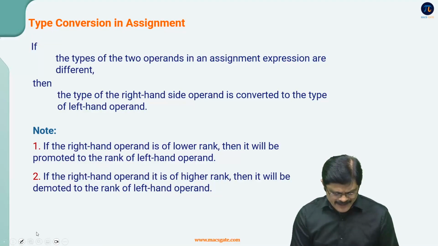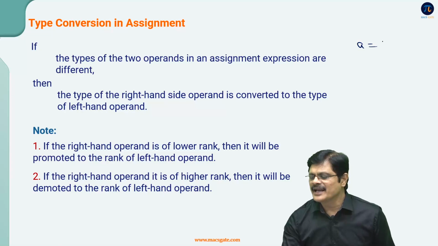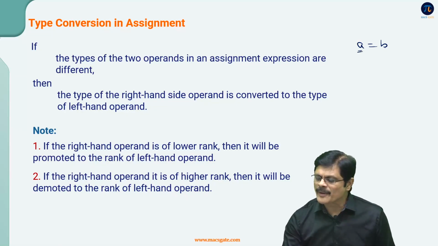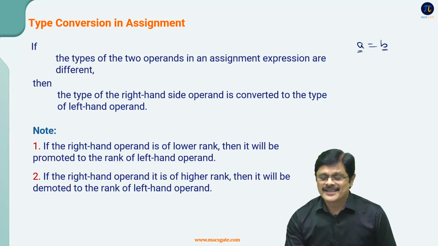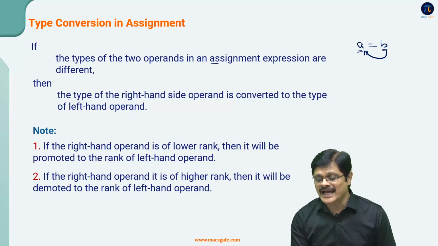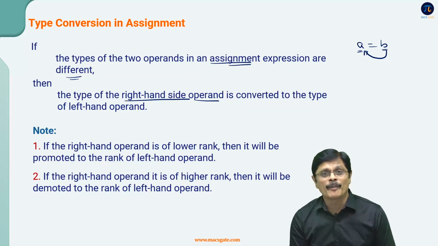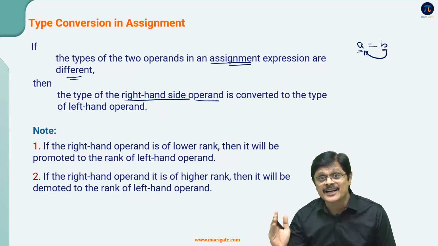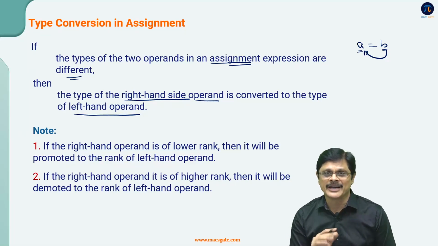And one more type is typecasting in assignment. Suppose you assign B to A. Here A is an operand, B is an operand. Now, here always the right side operand is converted to the type of the left side operand. That is, if the types of the two operands in an assignment expression are different, the type of the right hand side operand is converted to the type of the left hand operand.